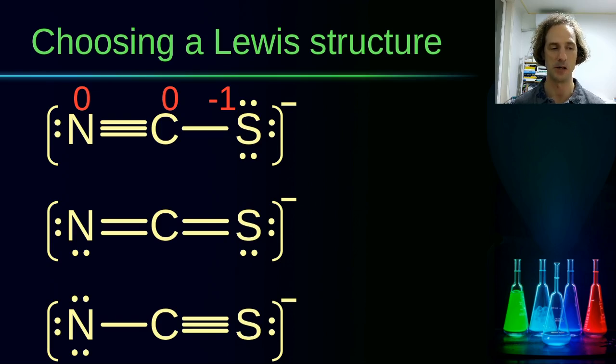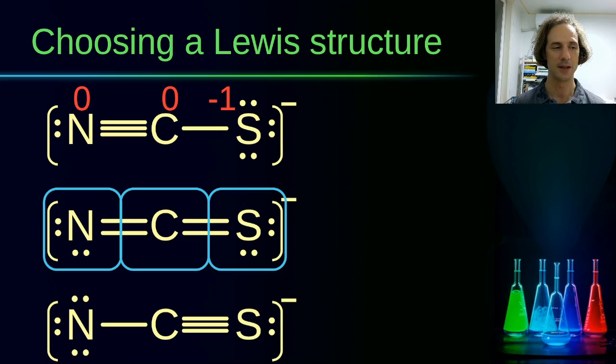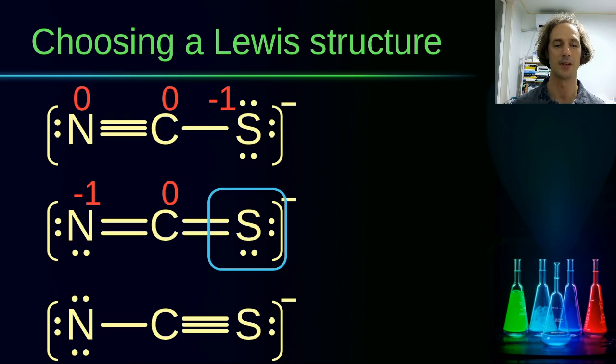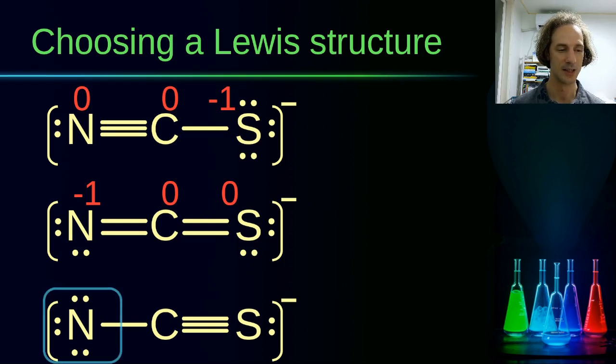of the polyatomic ion. In the second Lewis structure, we can see that on the left-hand side, the nitrogen actually has 6 electrons instead of 5, so it gained an electron, formal charge -1. Carbon has 4 valence electrons, and sulfur has 6 valence electrons, which is 0 formal charge. And in the third case, this nitrogen actually has 7 valence electrons, which is 2 more than the 5 it would have in an atomic form.